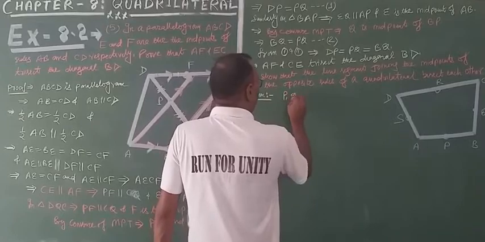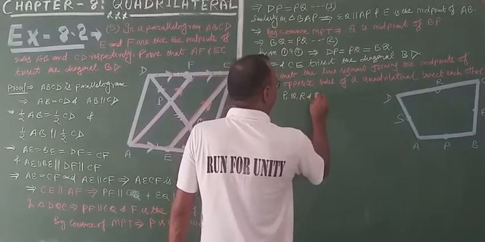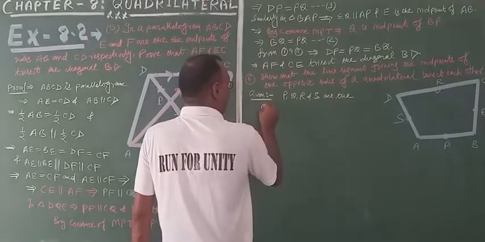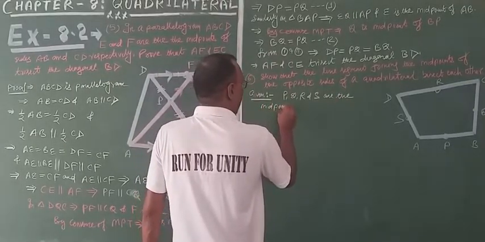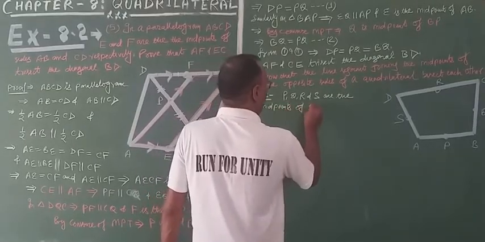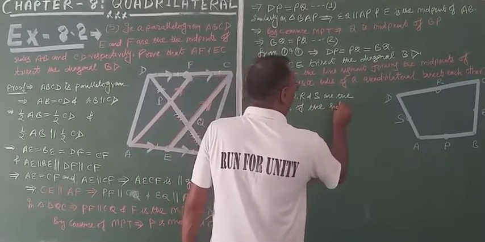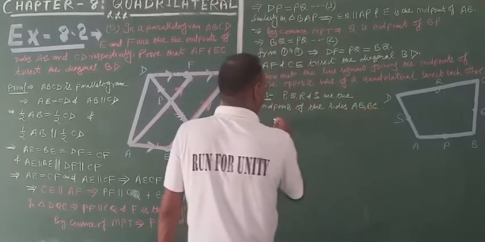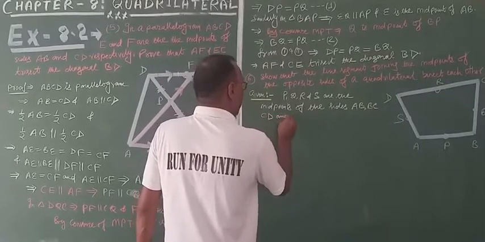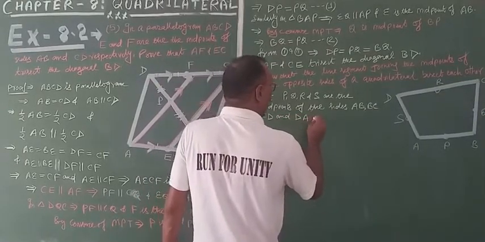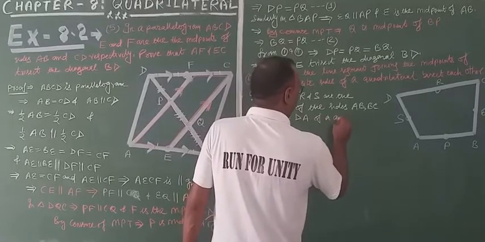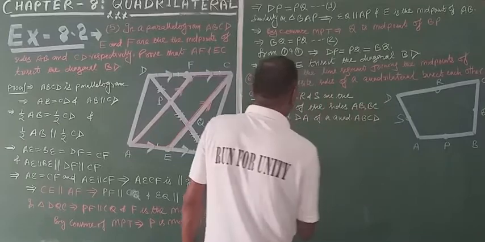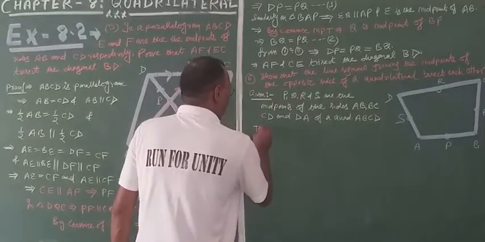P, Q, R and S are the midpoints of the sides AB, BC, CD and DA of a quadrilateral ABCD.